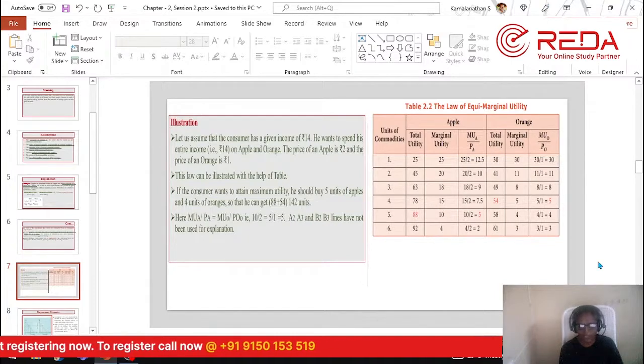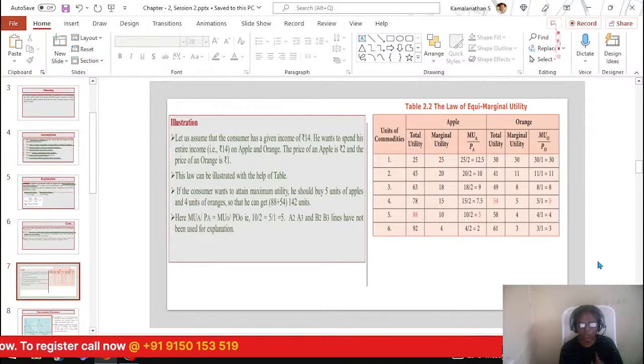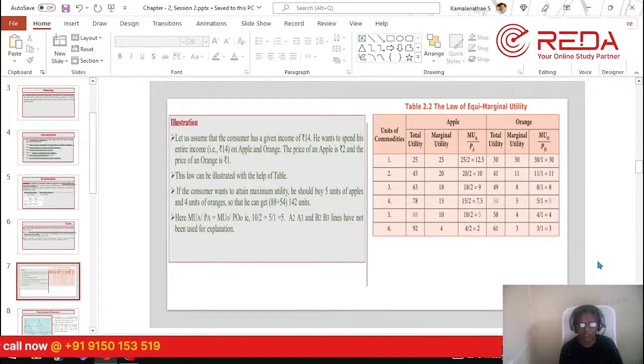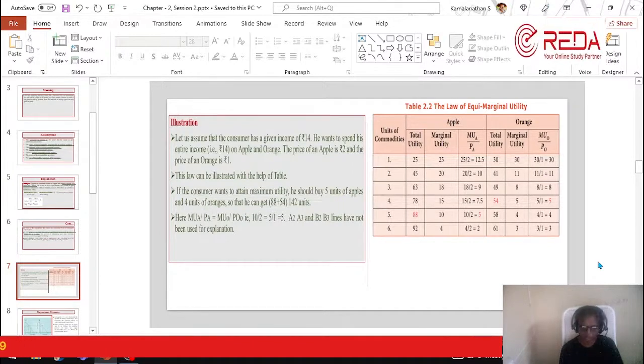Then when you consume 2 apples, the total utility will be 45.